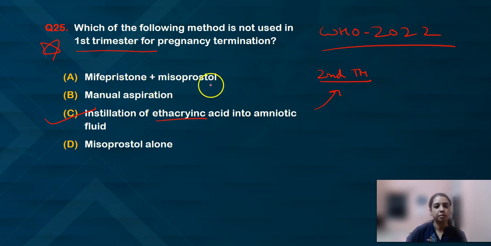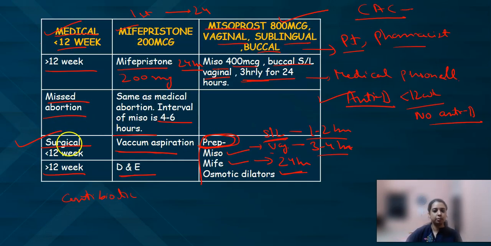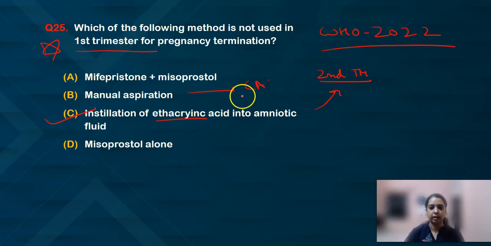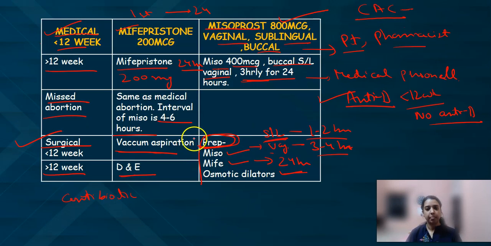So mifepristone and misoprostol can be used. Manual aspiration according to CAC guidelines: we have seen that, according to both CAC and WHO, at less than 12 weeks manual vacuum aspiration is a choice, so that can be done. Misoprostol alone can also be used in abortion. If you are not using mifepristone and using misoprostol alone, that's okay, but the efficacy is less. Another new drug introduced in this guideline is letrozole, which you can give instead of mifepristone.